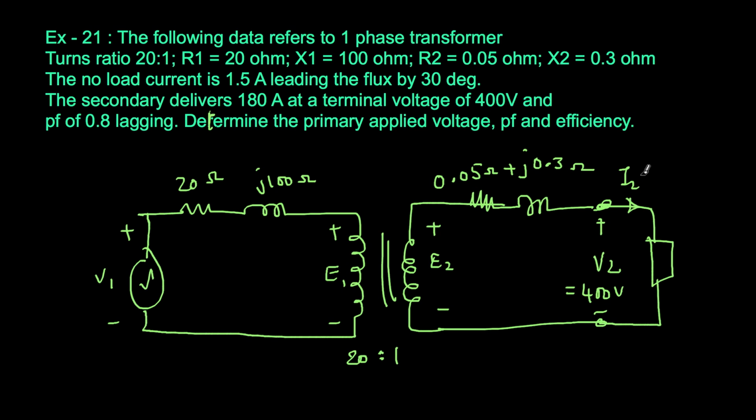So I2 is also given, 180 amperes at 0.8 power factor lagging. I want to find the primary applied voltage. Another piece of information given is the no load current, 1.5 amperes leading the flux by 30 degrees. We'll consider that.